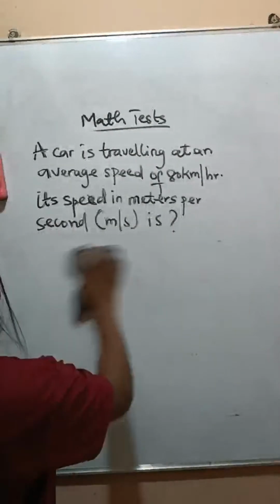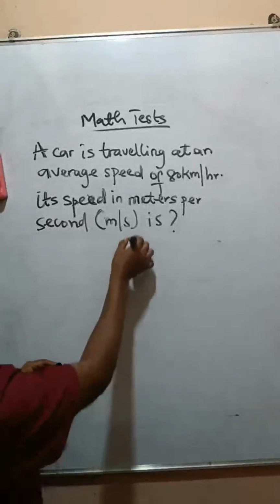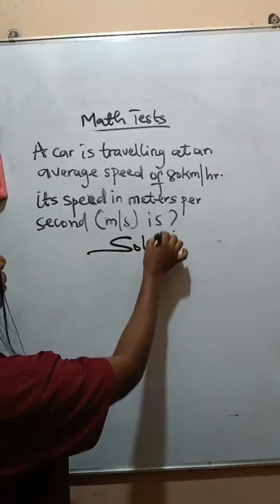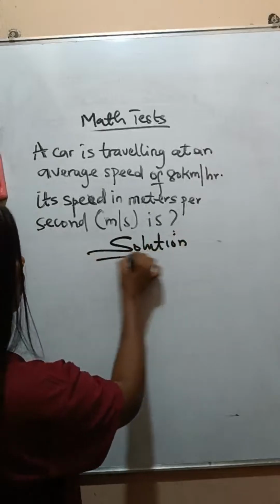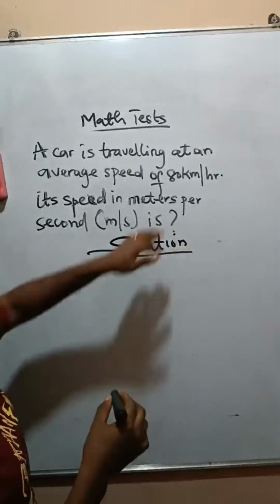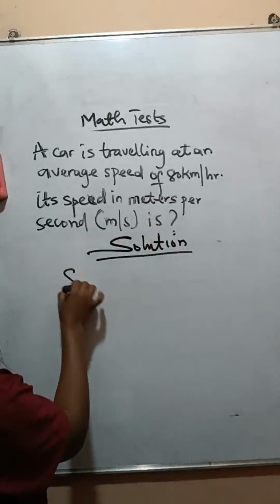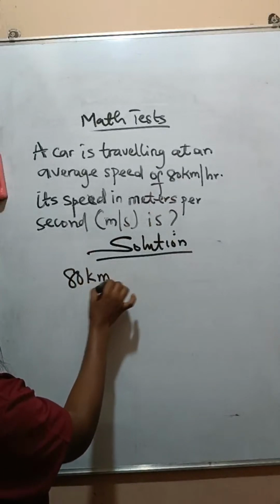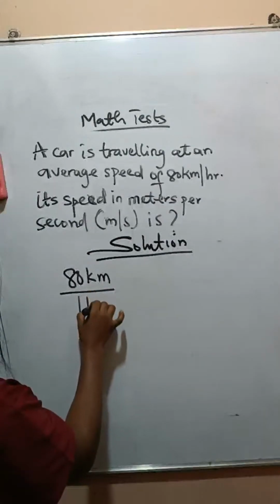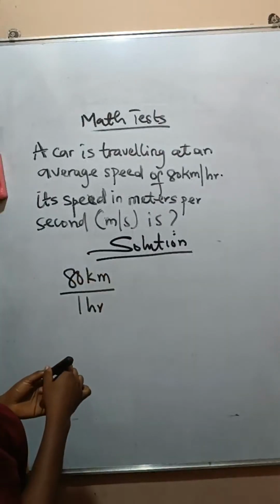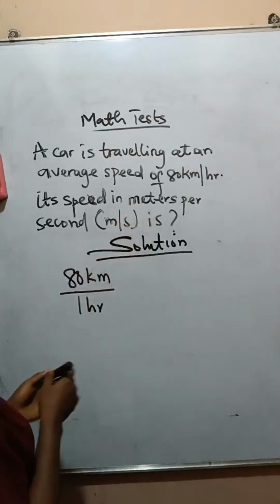Now let's solve this together. Okay. So they gave us the speed in kilometer per hour. That is 80 kilometer in 1 hour. But they need the answer in meters per second.